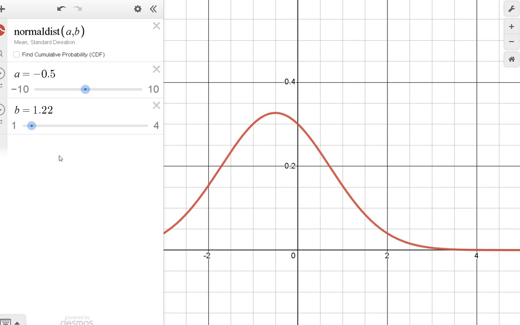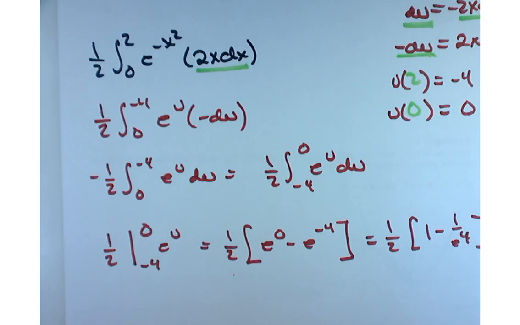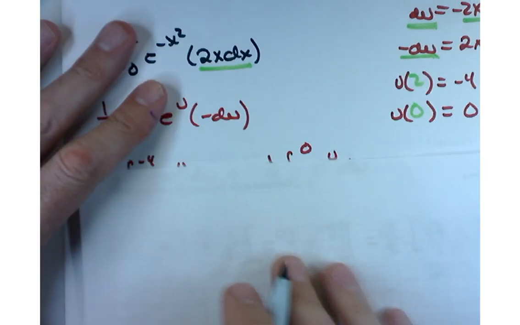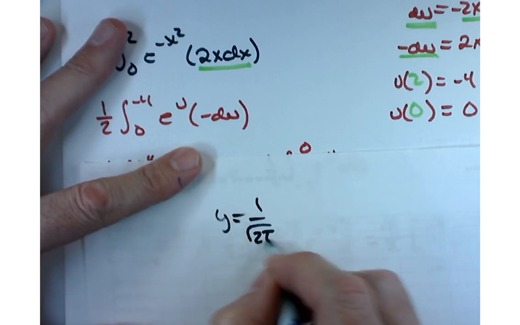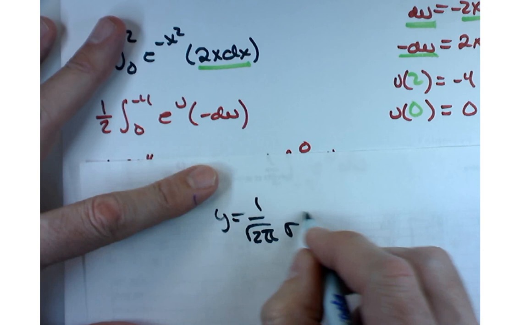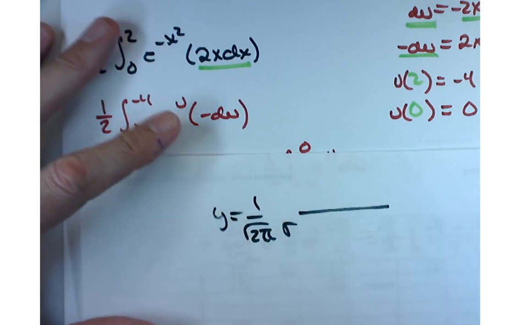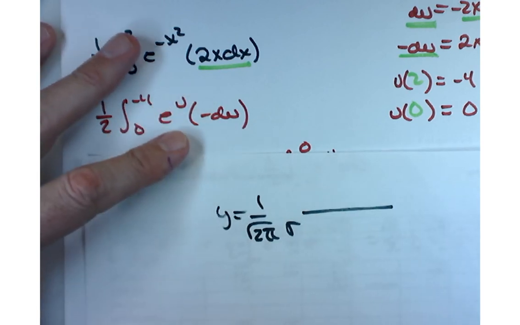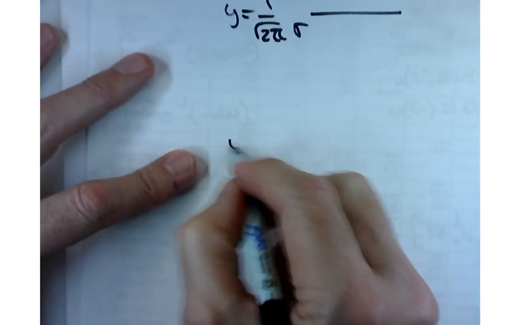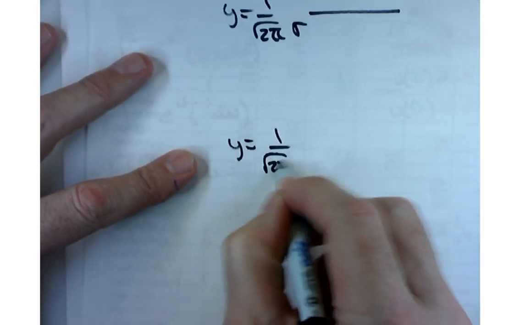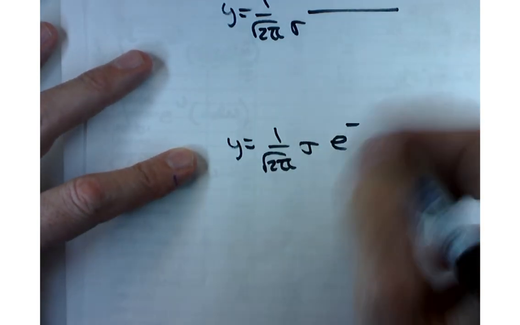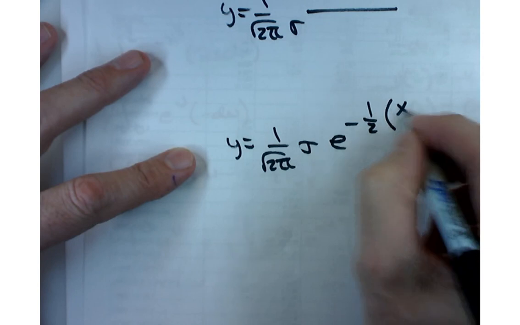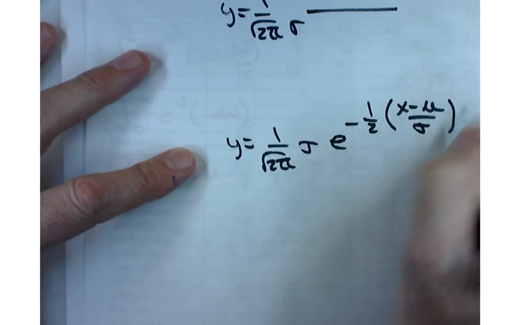Now, the normal distribution is a lot like what we just dealt with. The curve that plots out the normal distribution is y equals 1 over the square root of 2 pi times sigma, which is your standard deviation, times e to the negative 1/2 of x minus mu over sigma, squared.